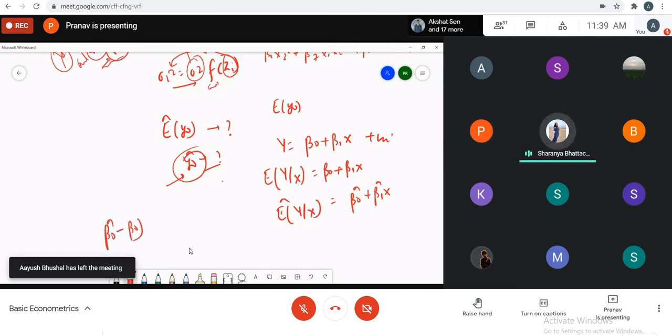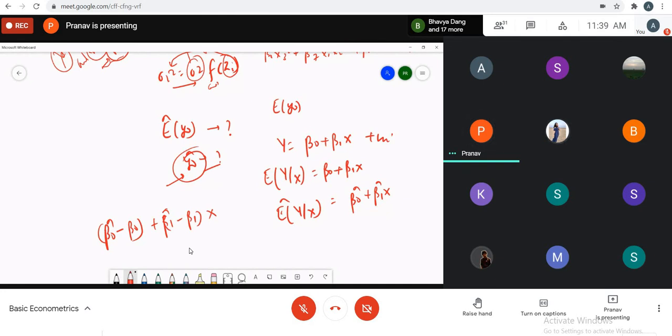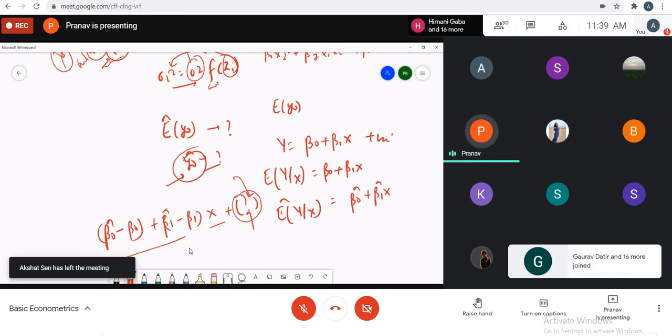B naught minus B1 minus B1, the error term. Yeah, right. So the plus one error term that was there will not be in this expected case. So basically, we must calculate the variance again. Correct. So it will have a lesser variance.